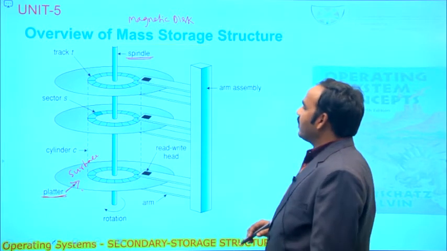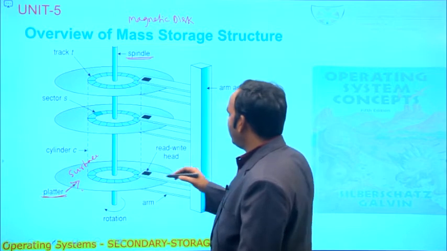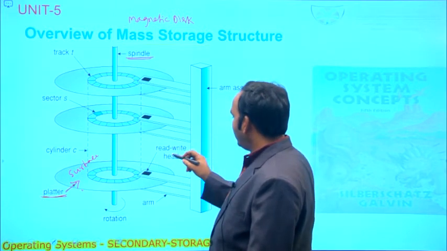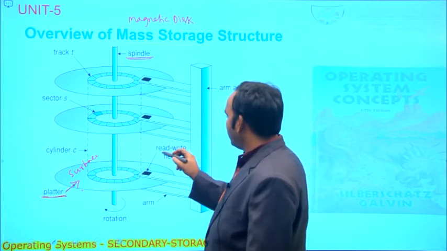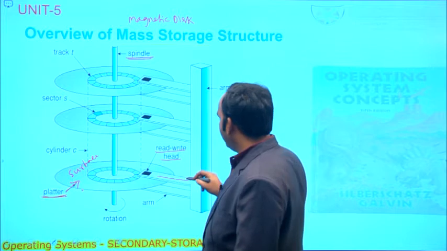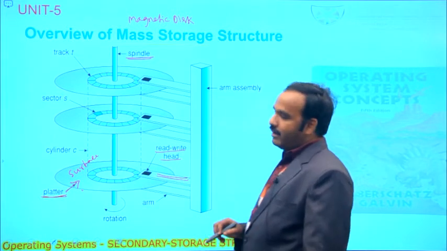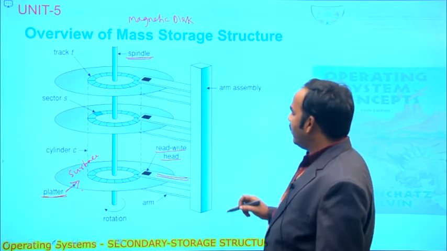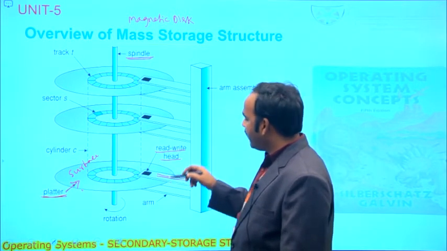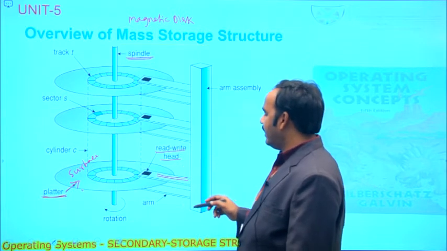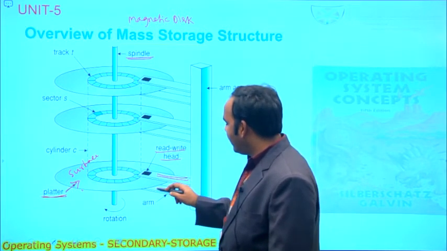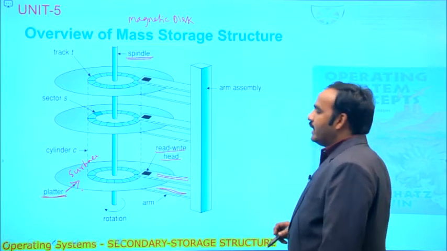Next, every platter is equipped with read and write heads, one for every surface. You can see in this diagram that separate read and write heads are available for each platter.